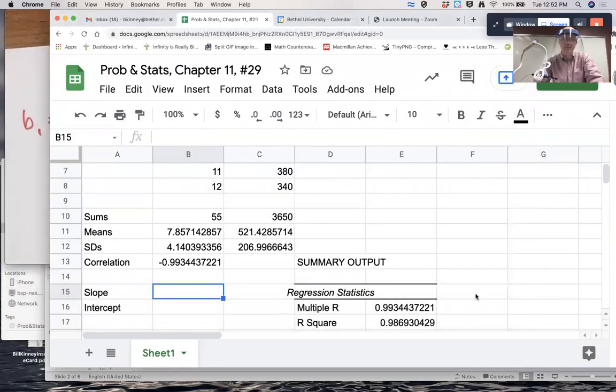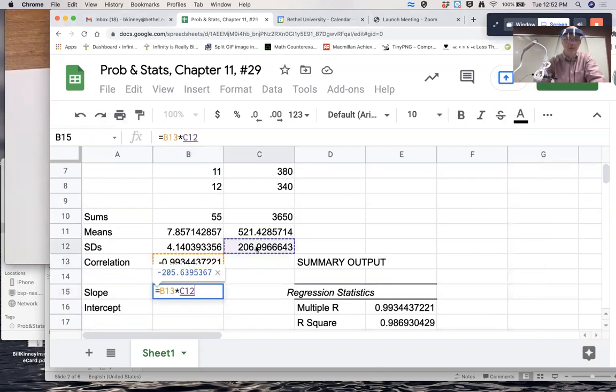So it's the correlation from cell B13 here times the standard deviation of the y's divided by the standard deviation of the x's. There you see it, negative 49.6 repeating. And that's the same as the XLMiner output said the slope was, negative 49.6 repeating. Negative 49 2/3.